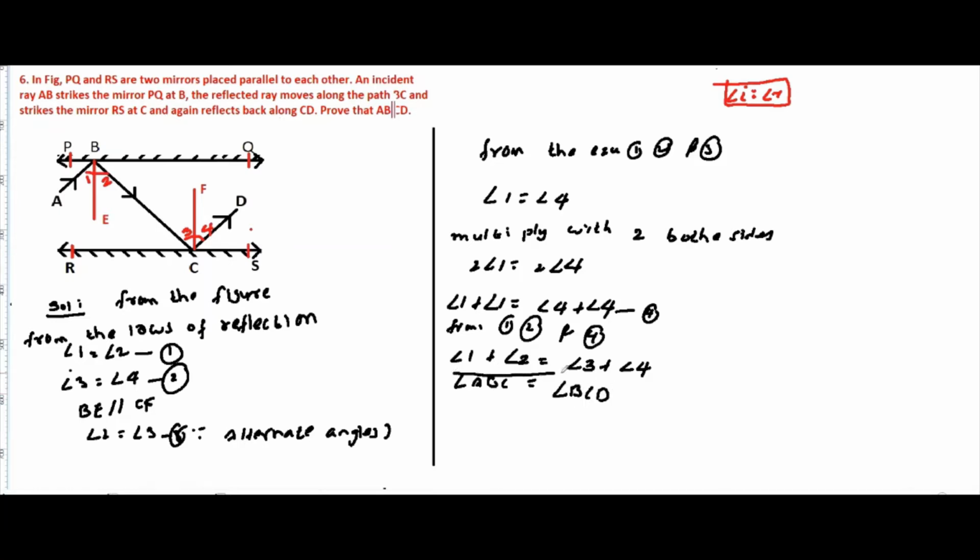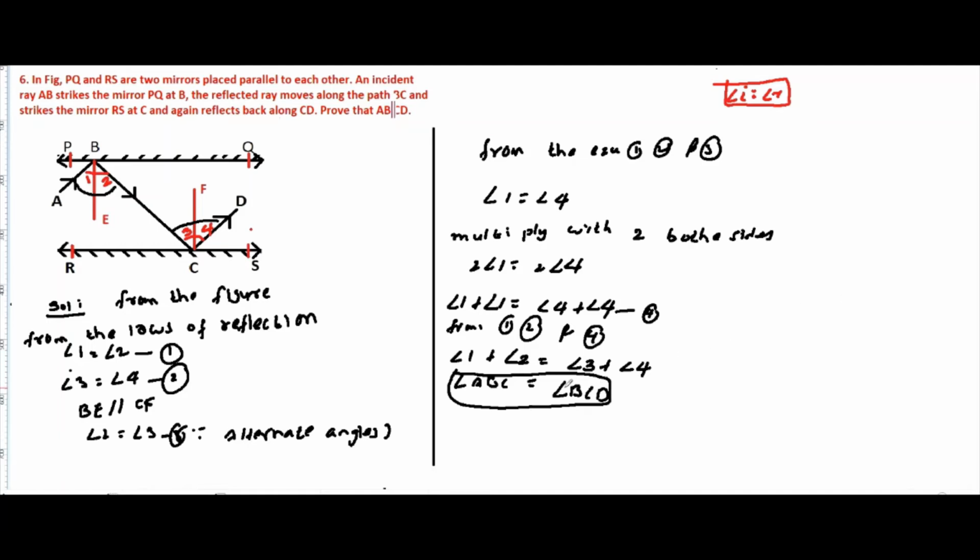Now we have this. Angle ABC and angle BCD are equal, and they lie between the lines AB and CD and the line BC. These two angles are alternate angles of the transversal line BC, and if alternate angles are equal, then the remaining two lines AB and CD are parallel to each other.